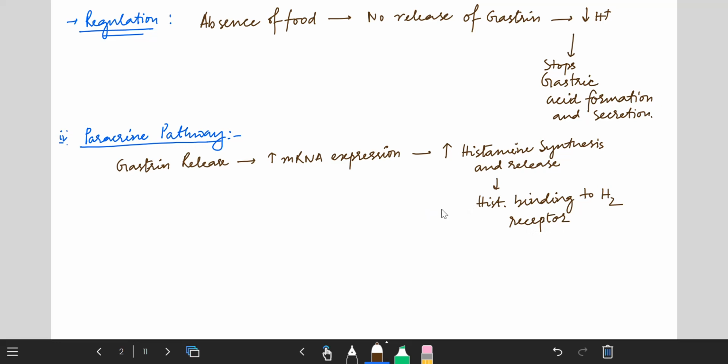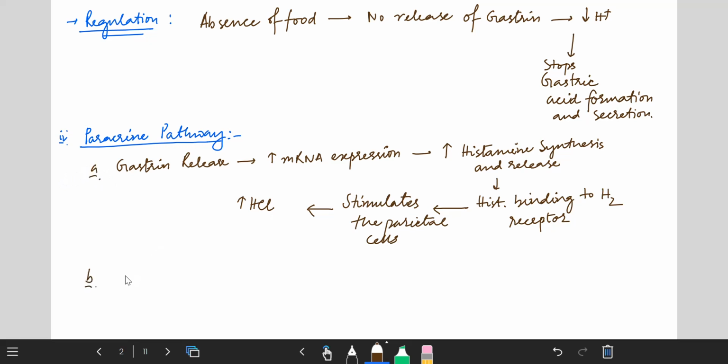So obviously, if there is an increase in the stimulation of the parietal cells, there will be an increase in the HCl secretion. If there is no release of gastrin, obviously there will be no mRNA expression. So less histamine release, and as a result HCl secretion decreases. And this is the first pathway, where histamine is involved.